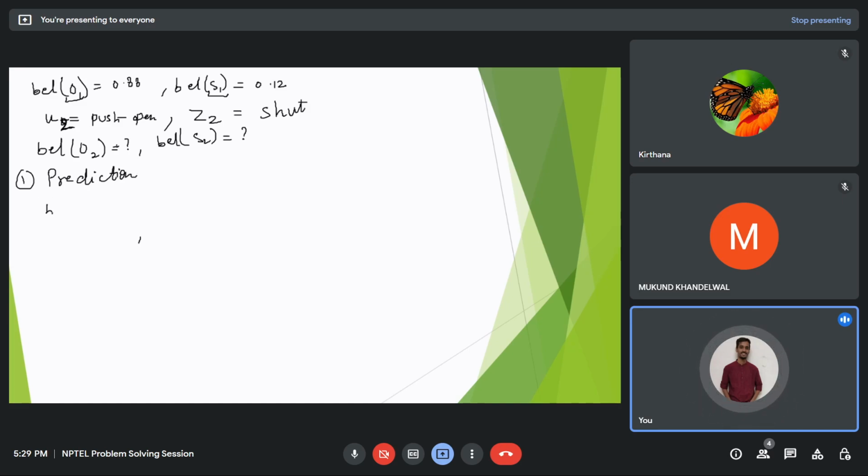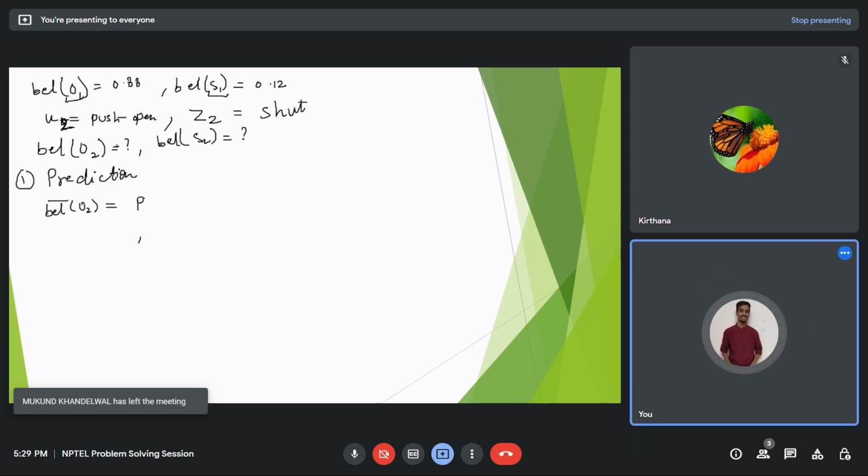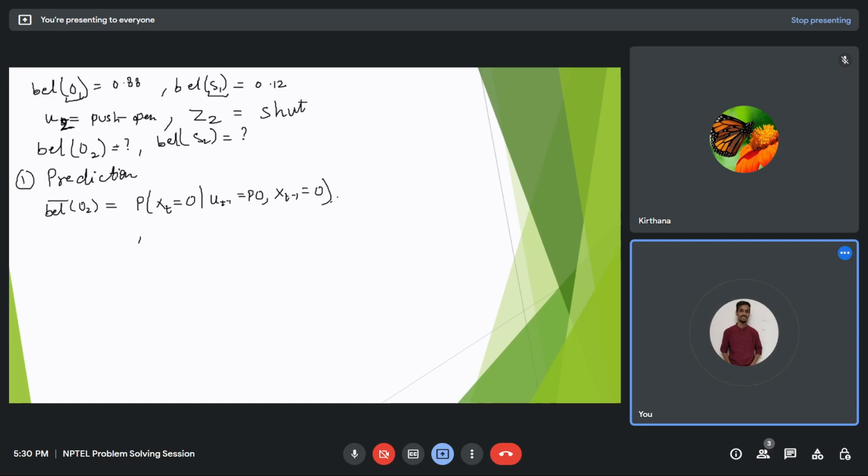Okay, so how do we do prediction? I write this bel-bar as your predicted belief. So you want to know the probability that it is open, given that you tried to push to open and you previously were open, multiplied with the belief that it was open, your most recent belief.